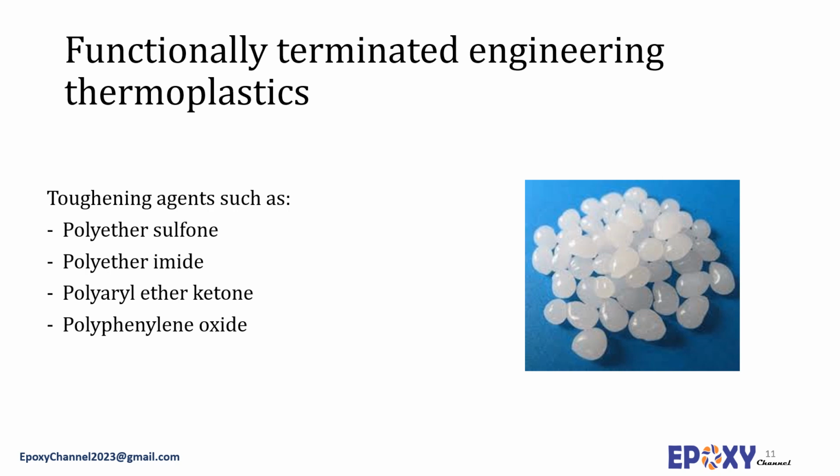Various kinds of engineering thermoplastics such as polyether sulfone, polyether imide, polyaryl ether ketone, and polyphenylene oxide have been studied as toughening agents for epoxy systems. Unlike early epoxy hybrid adhesives, for example epoxy nylons or epoxy polysulfides, these modern attempts use engineering thermoplastics: tough, ductile, chemically and thermally stable polymers having a high Tg.